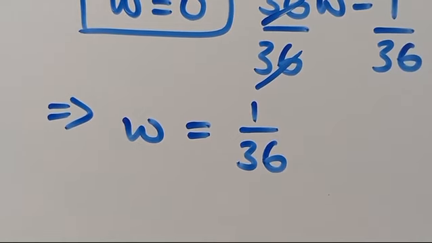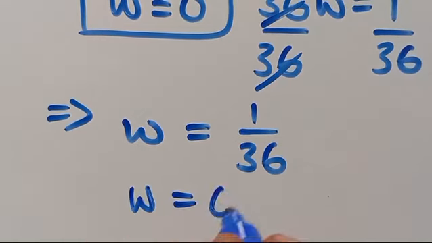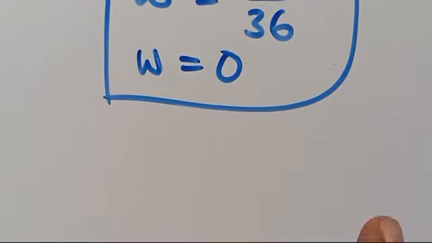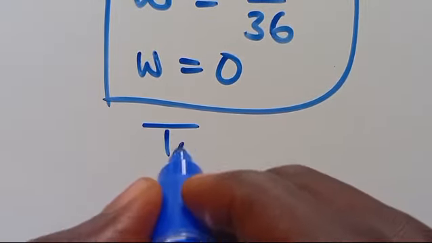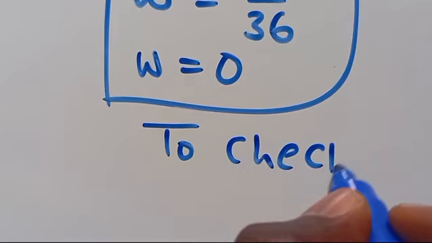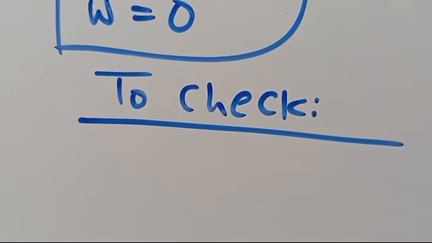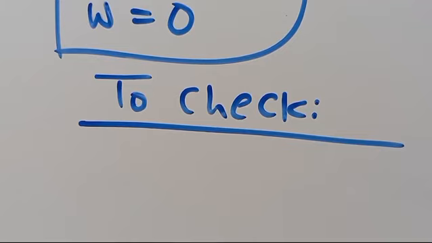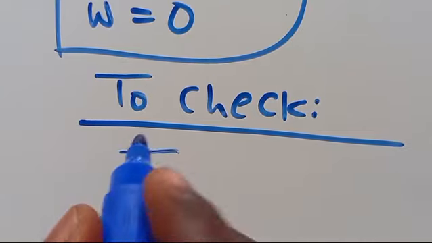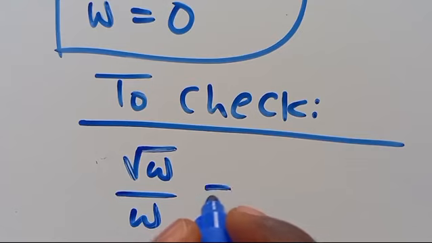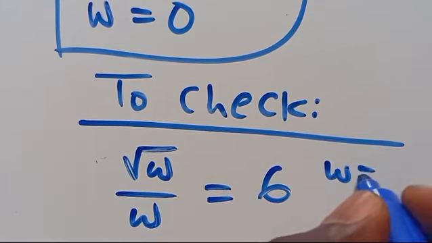Then we also have W to be equal to 0. These are the solutions. Then to check, to verify when we have root of W over W equals 6 and W equals 0.